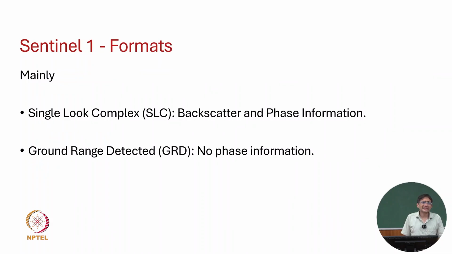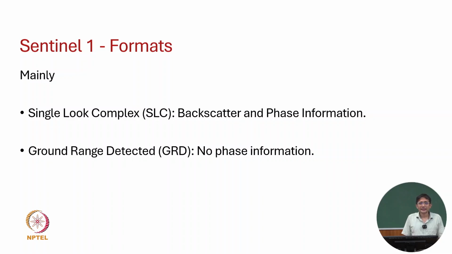Sentinel-1 comes in single look complex format, where we have the backscatter and the phase information. Indeed, phase information is one of the important aspects to be considered in SAR image analysis. And as we already mentioned, we will discuss complex deep networks towards the end of this week.